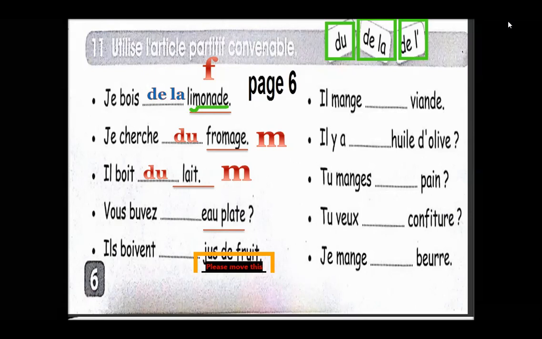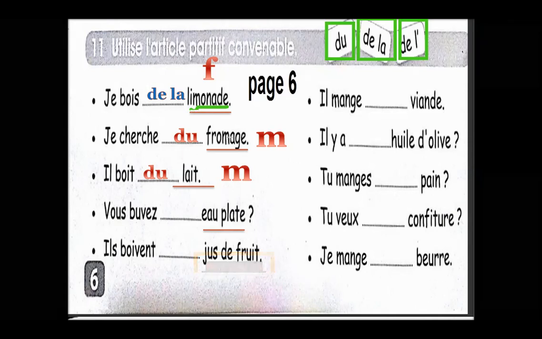Why, Ziad? Because it starts with what? E. And this type of letter, what do we call it? Voyelle. Excellent. Say it again, please. Voyelle. Excellent. Thank you.